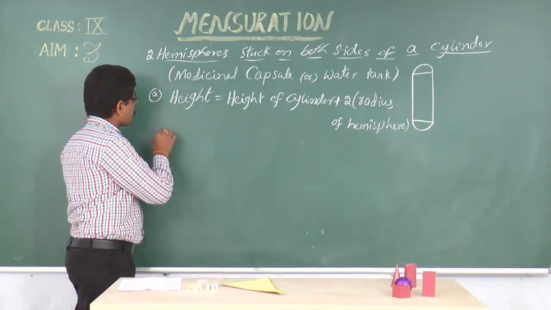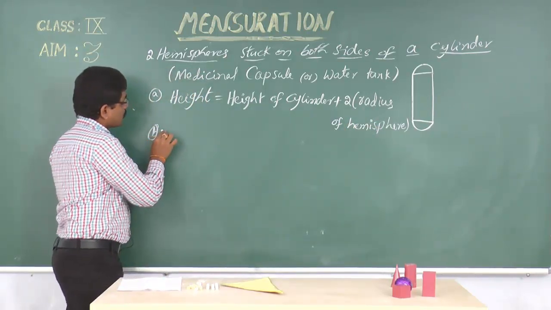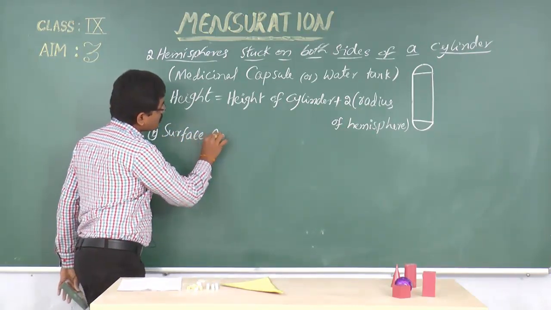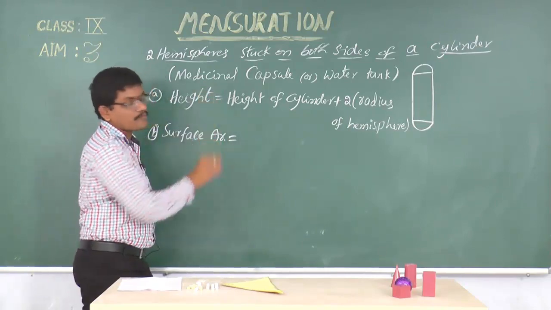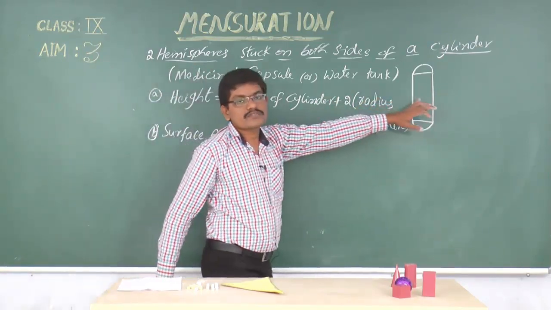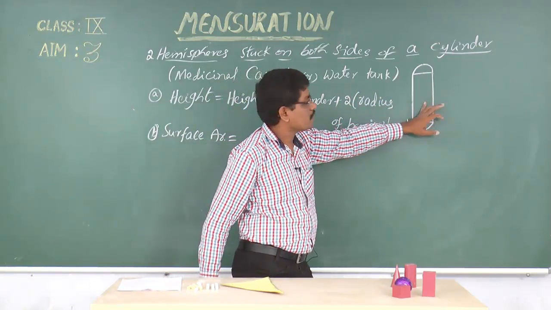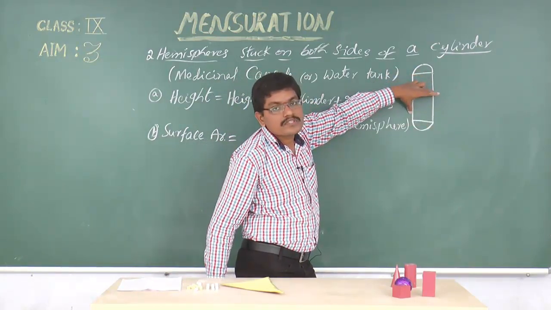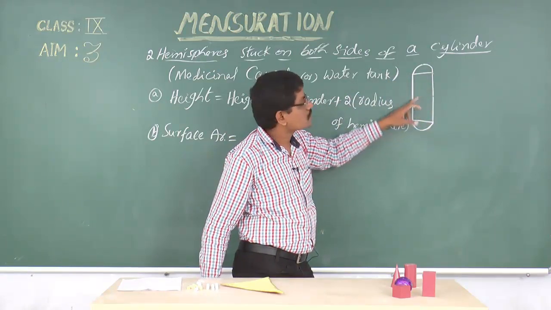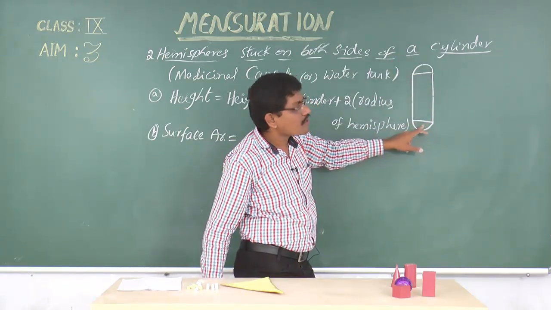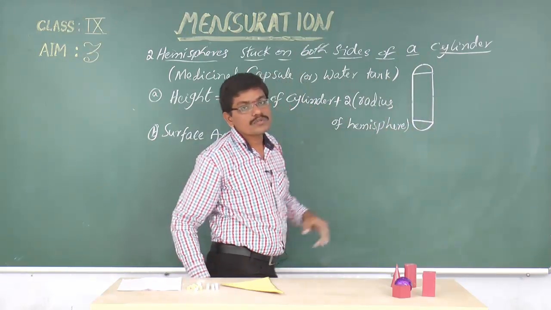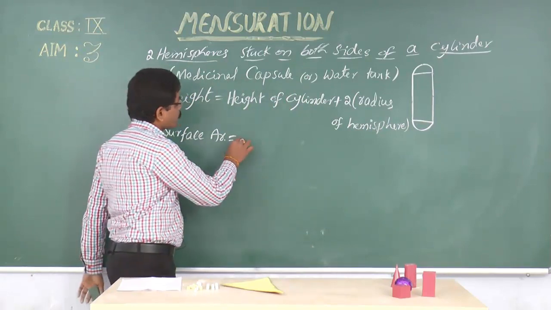And next, surface area. To get the surface area of this solid, we have to add, that means CSA of cylinder plus 2 into CSA of hemisphere.